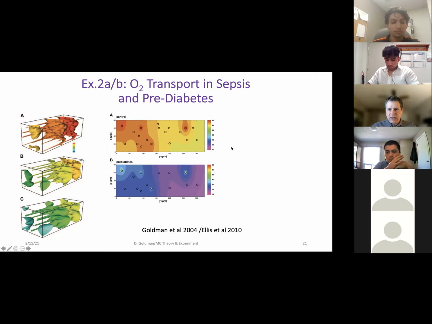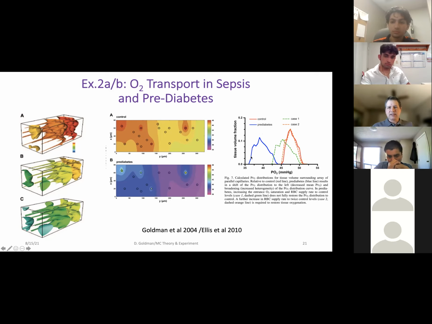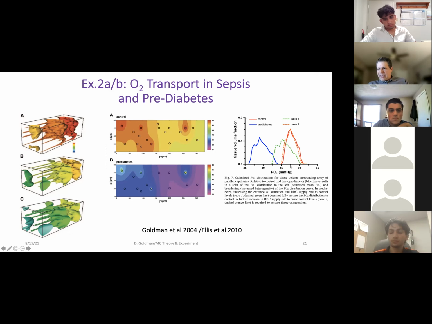If we take these O2 distributions and look at them as histograms, the red one is control PO2, sharply focused around maybe 48 millimeters of mercury, whereas in pre-diabetes you get more of a spread in PO2 and a lower mean, maybe 39 or something. So you've dropped in mean PO2, gotten more spread, and you're getting to lower PO2 values.